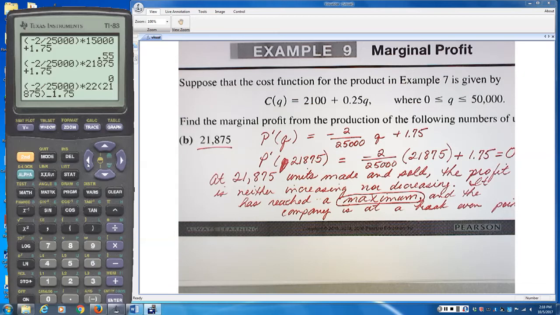Actually, I don't think I want to use parentheses there. I want to use a times sign. I think that works.